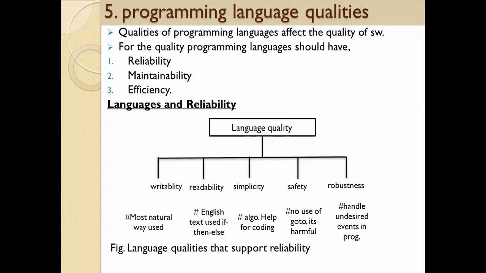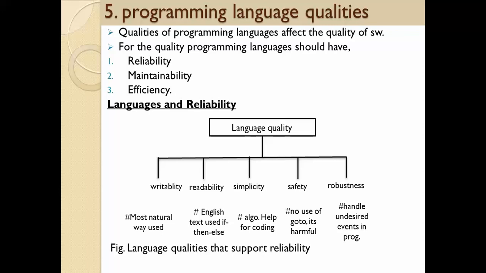Reliability is how the software works properly without any failure or error. Reliability is defined by using these five qualities: writability, readability, simplicity, safety and robustness.